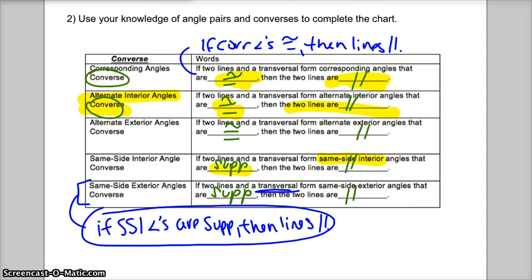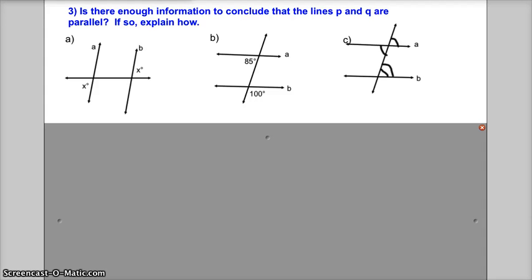So let's look at a couple of examples. Number 3 says, is there enough information to conclude that lines P and Q are parallel? If so, explain. So looking at the first one, I see degrees with x's. Notice they're both the same variable, telling you that that measurement is the same, whether it's 60 or 20 or whatever measurement. What kind of angles are you looking at?